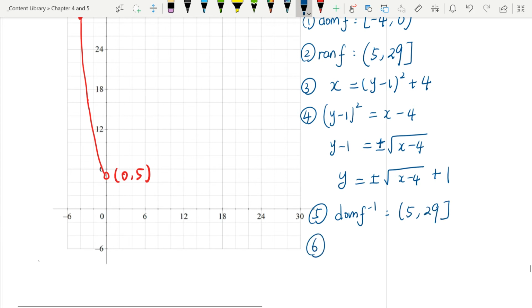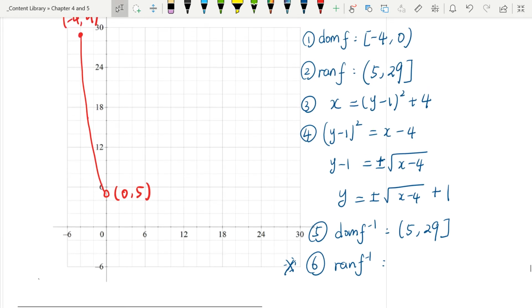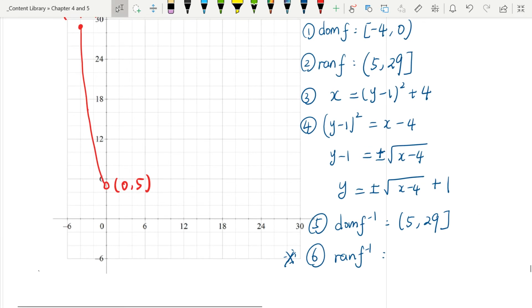And number 6, what's the range of f inverse? Okay, this is the important step now. It's step number 1, right? So it's -4 to 0. All right, why is the step important? Go to check with step number 4. Think about the range.